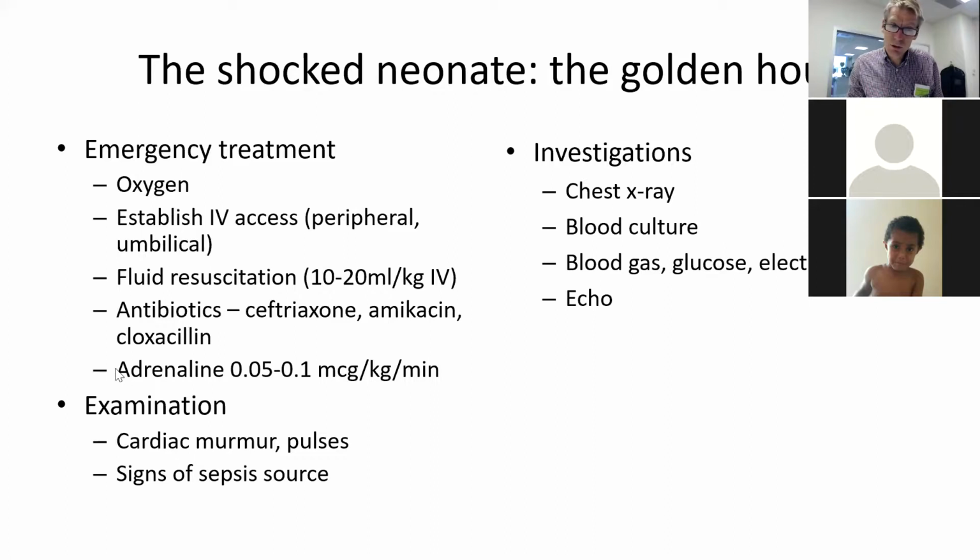I usually start them on adrenaline, and then do a proper examination to see whether they've got a heart problem or not, or whether they've just got signs of sepsis, and then do some basic investigations. In the first hour after seeing a child, you can usually save their life if you do all of these things: oxygen, intravenous fluids, sometimes a little bit of adrenaline.